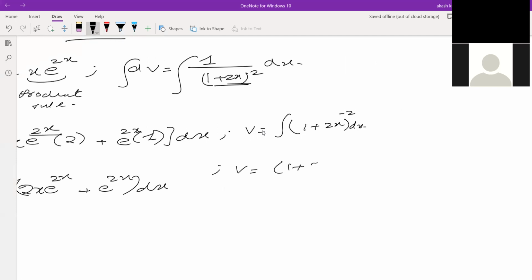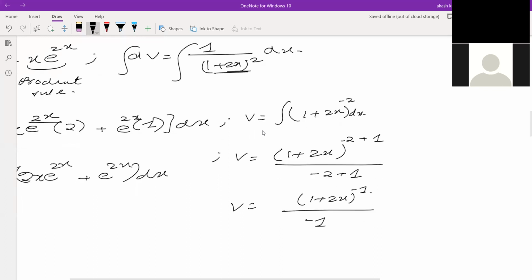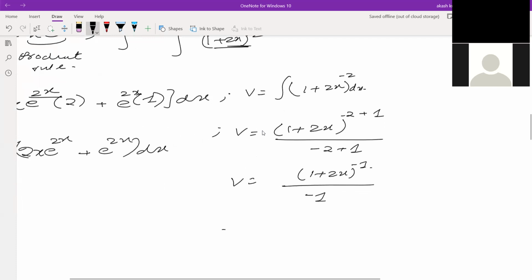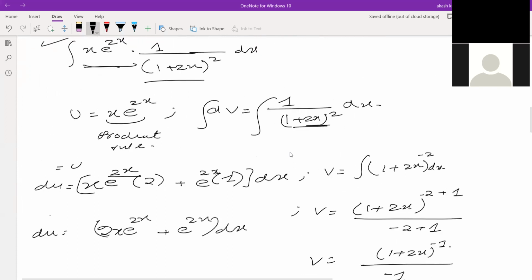So it becomes 1 plus 2x to the minus 2 plus 1 divided by minus 2 plus 1. So it becomes minus 1 over 1 plus 2x, that is, minus 1 plus 2x to the minus 1. So I got my v and du.